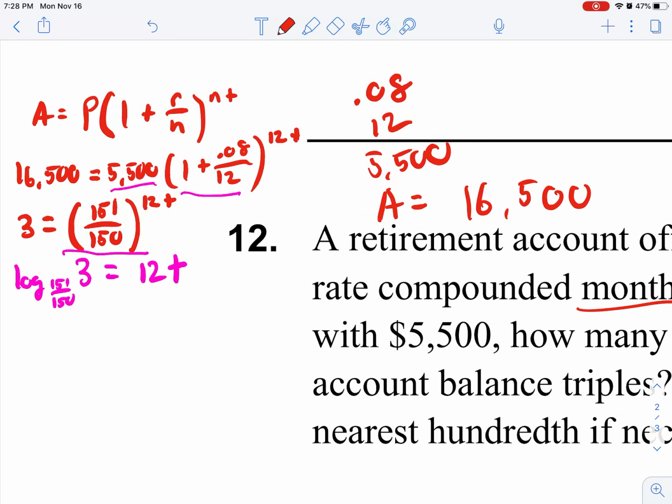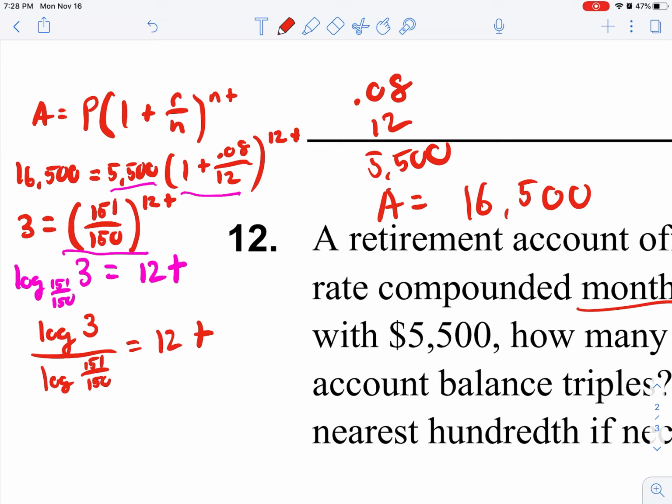So my calculator can definitely not handle that log base. So we're going to use the change of base property, and we'll use common log. So log of 3 over log of 151 over 150 equals 12t.